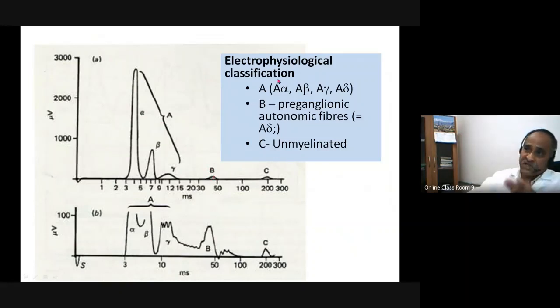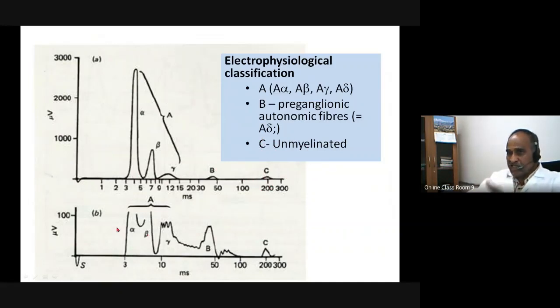B fibers are missing in the sciatic nerve or in the somatic nerves we see in the periphery. Again, the slow conducting fibers appear late. For example, this is the stimulus artifact, and they appear after 200 milliseconds in this diagram, so the latency is long. These are unmyelinated nerve fibers, the C fibers: A, B, C.